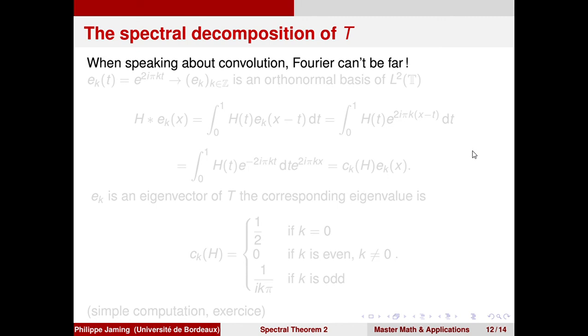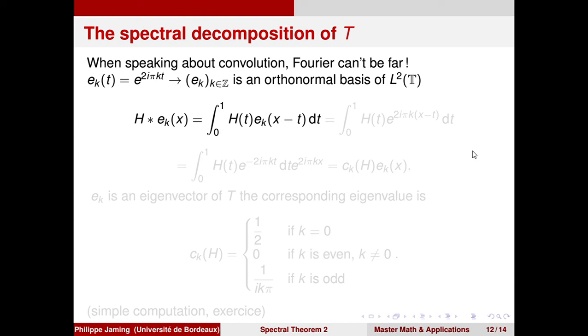And when we speak about convolution, Fourier can be very handy. We have the exponentials, e_k of t is e^(2 i pi kt), and what our course about Fourier series tells us is that this is an orthonormal basis of L2 of T. Further, H convolved with e_k, a simple computation, tells us that it is the integral of H of t e^(2 i pi k(x minus t)) dt, and then the exponential splits in 2 parts.